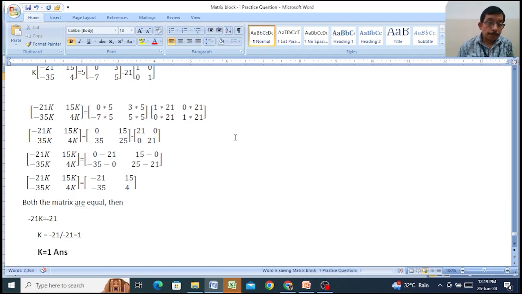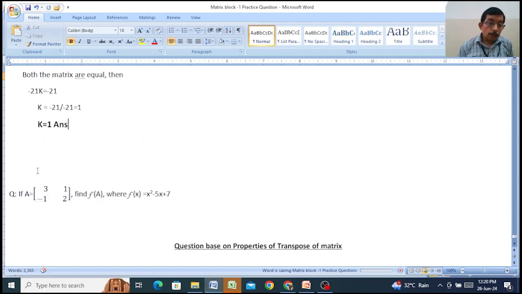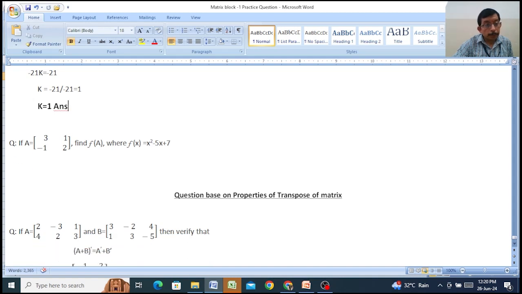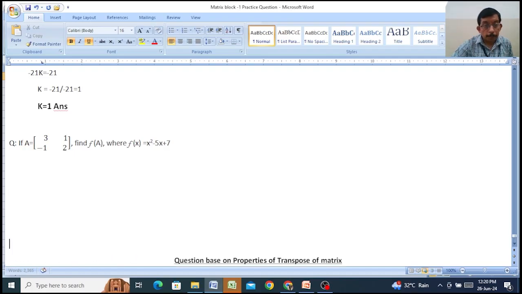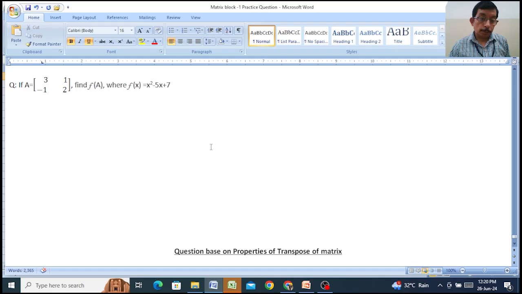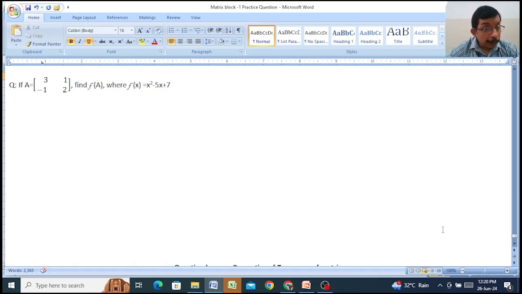Now we come to the last question of the matrix multiplication. Good question. If A is equal to the given matrix, then find f(A) where f(x) is equal to x square minus 5x plus 7. f(x) is given and we find the value of f(A).